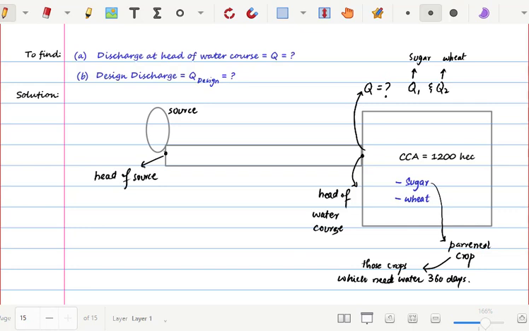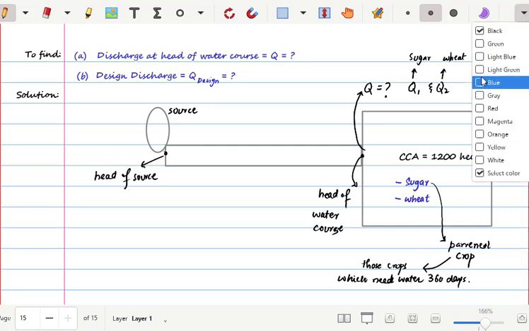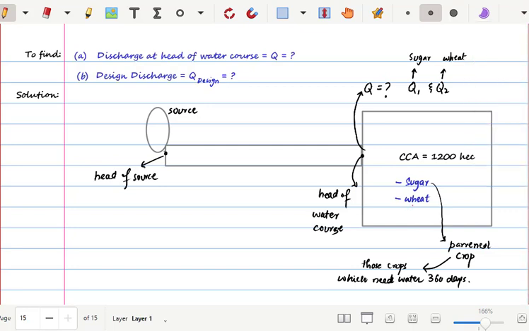So this is the reason. Actually, the sugar is a perennial crop and it needs water throughout the year, 360 days, right? And wheat just needs water for 120 days.